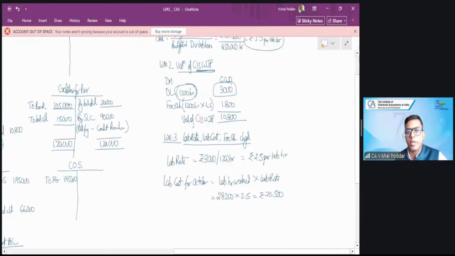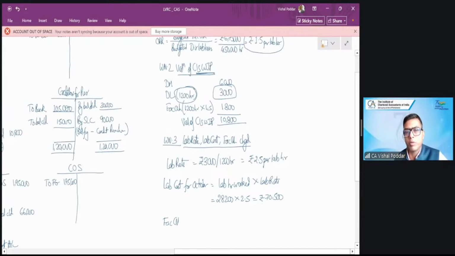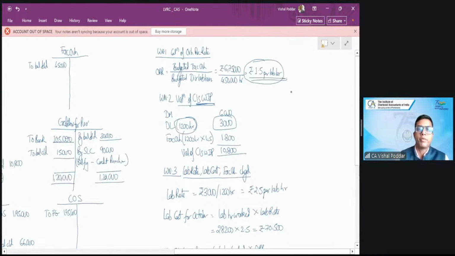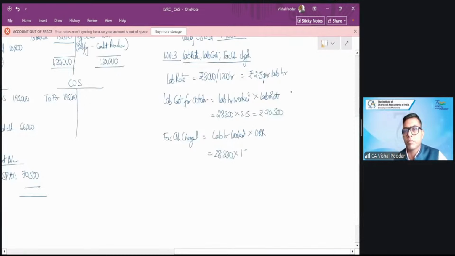Now, I can also find out factory overheads charged. How? Same, labor hours worked into the overhead recovery rate. So this is 28,200 into how much was our overhead recovery rate? It was 1.5. So how much it comes to? 42,300.